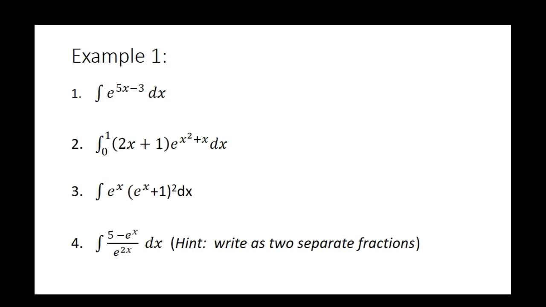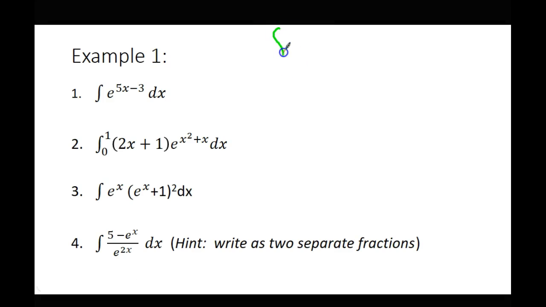Sometimes you're going to write them as two separate fractions. So here's what I mean by that. We have 5 minus, I'm going to rewrite it. You can put the 5 over e to the 2x minus e to the x over e to the 2x.